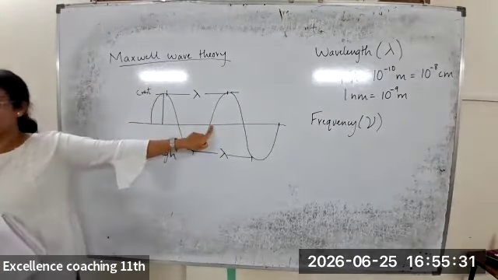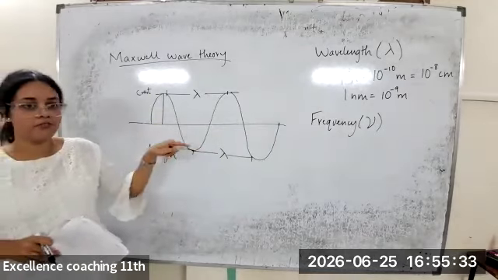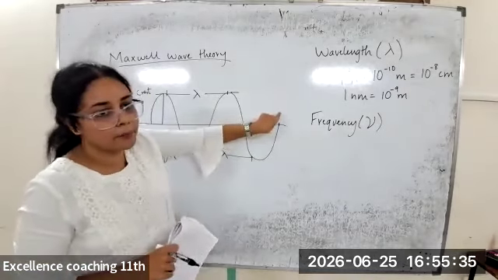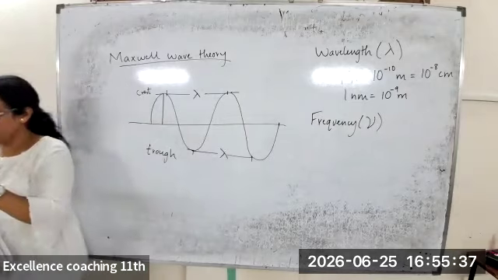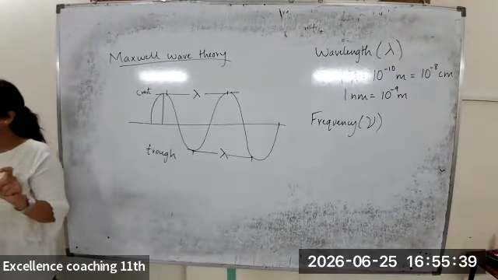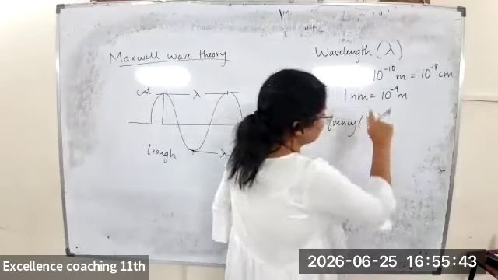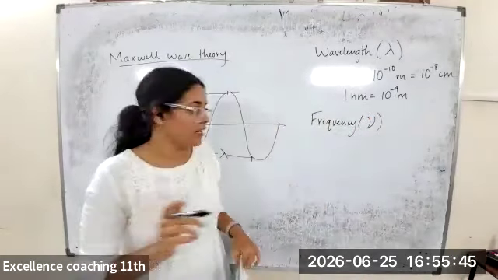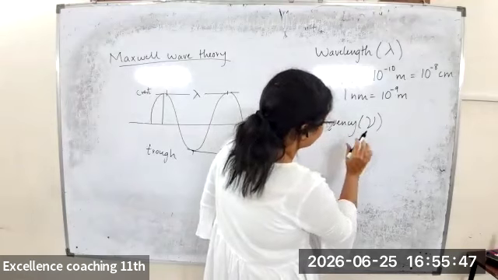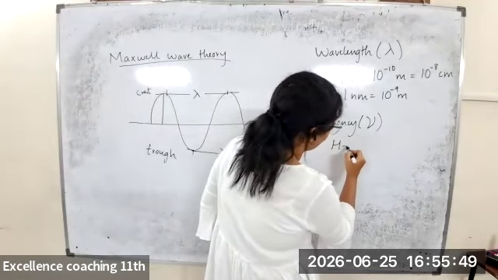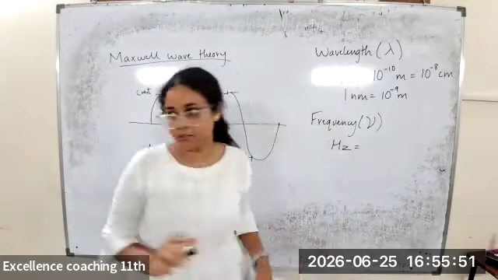So frequency is the number of waves that pass through a particular point in 1 second. That will be my frequency. We write it in terms of hertz.